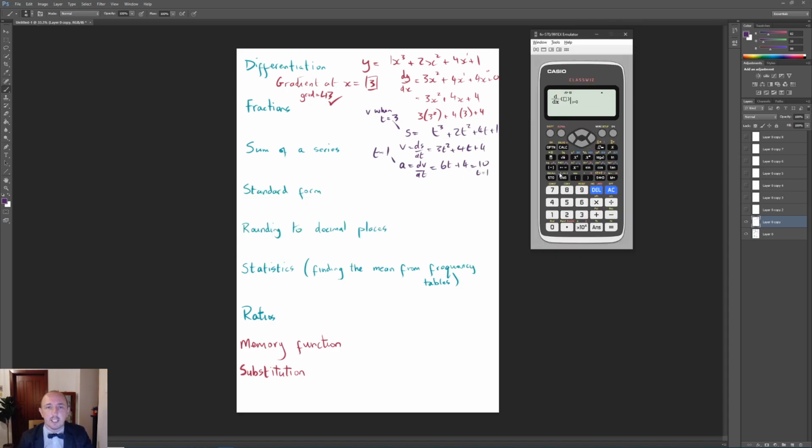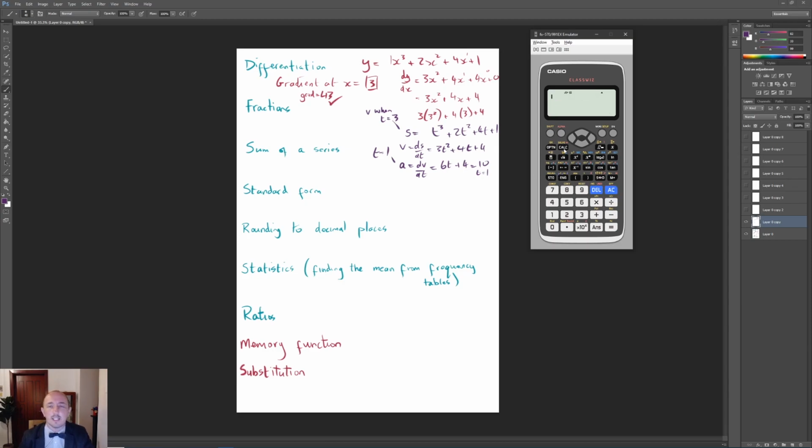We're going to differentiate 3t squared, but change the t to an x, plus 4x plus 4, and then put in x equals 1, and we get 10. So the acceleration would be 10 meters per second squared when t equals 1, but I'm using x instead of t. I hope that's made it clear, but it's really useful when we have to find the velocity or the acceleration or the gradient.